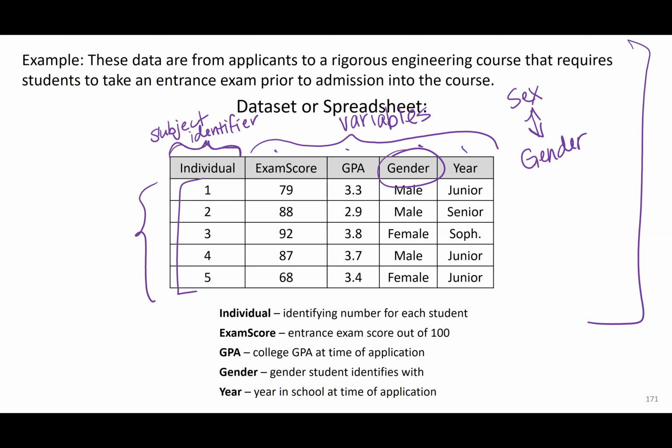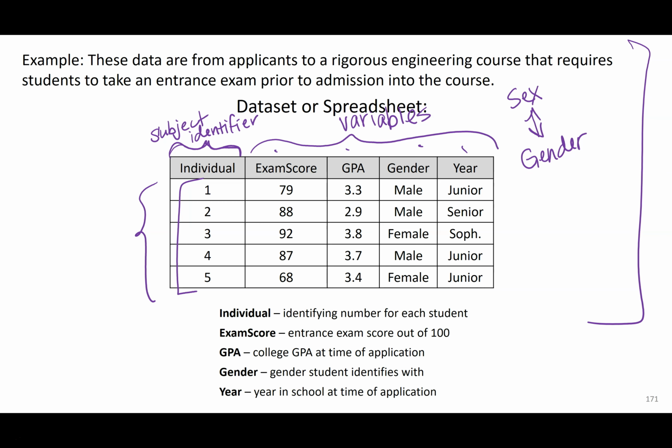Just keep a critical lens there, that you might have very limited responses because a lot of times these surveys only allow 2 options. And gender and sex are not interchangeable.